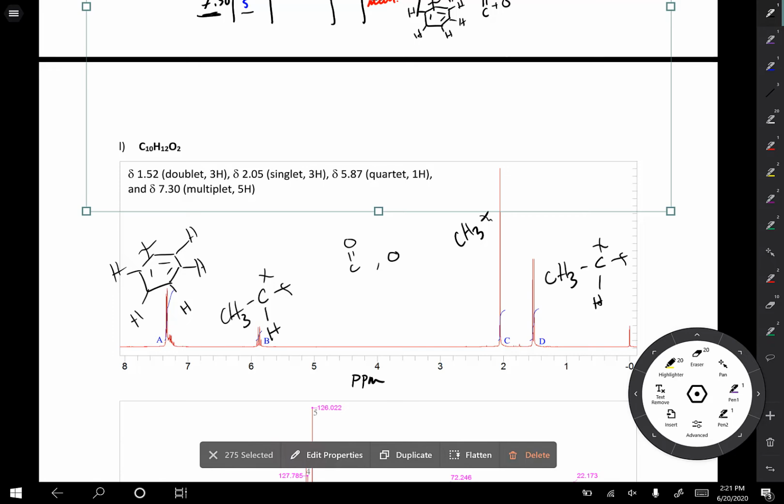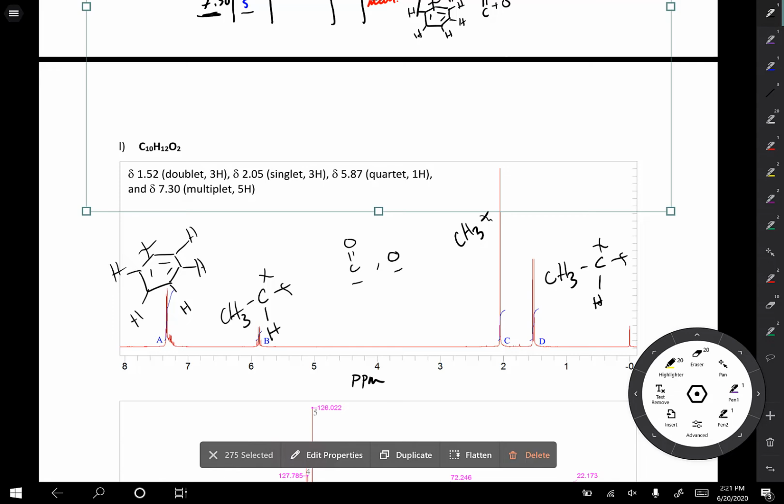They are both saturated CH bonds. How come C is shifted further downfield? Well, this is because it's bound to something electron withdrawing, and we talked about that in the last video. Electron withdrawing. All right, what do we have that's electron withdrawing? Well, we have a carbonyl and we also have an oxygen. So you could imagine one of those could be bound there.